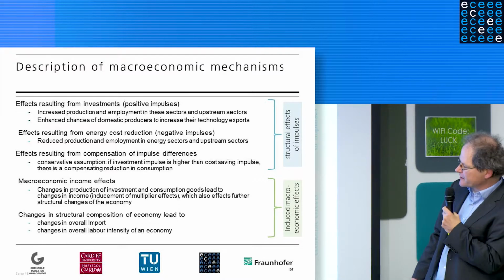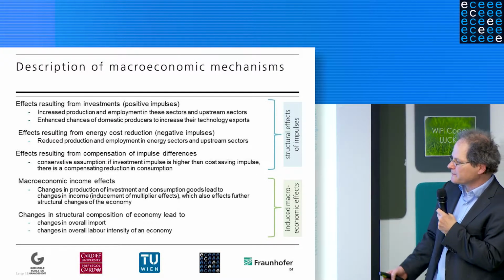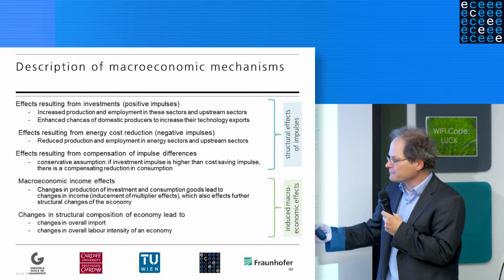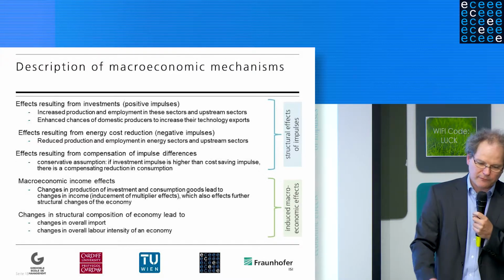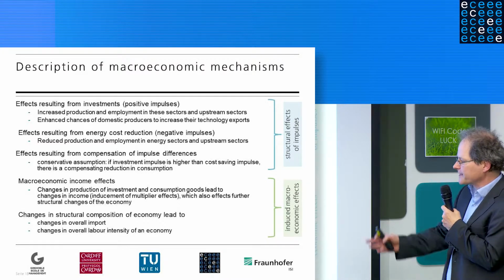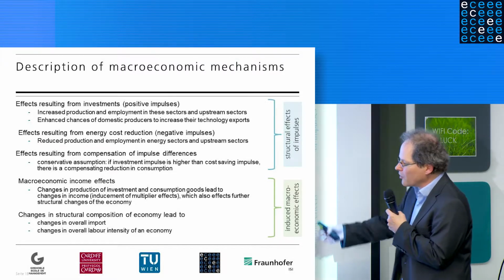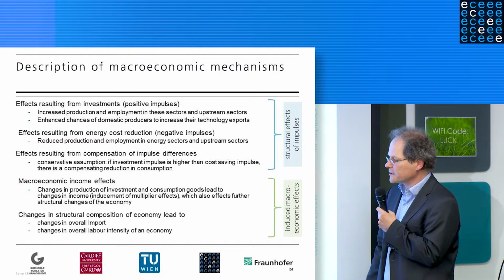What also happens is that you have typically induced macroeconomic effects: changes in production mean changes in income of the people working in these sectors, and again second round effects, multiplier effects. All that also leads to changes in the structural composition of the economy.